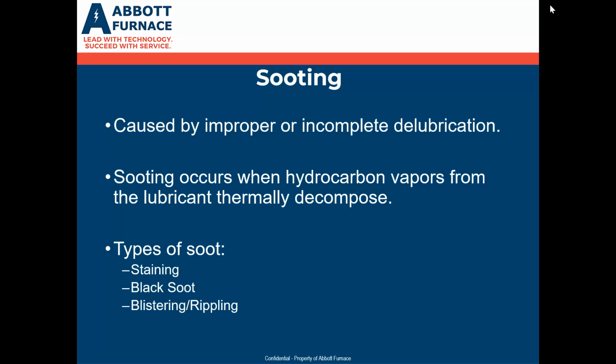If that lubricant's not kept in gas form and flushed out of the furnace, and somewhere along the line turns into a solid, it's going to turn into a carbon or a hydrocarbon. And then as that cools down, we'll see different kinds of soot. There's staining, there's black soot, which is black snow, and then the blistering is caused by the lubricant, and that's considered a form of soot as well.